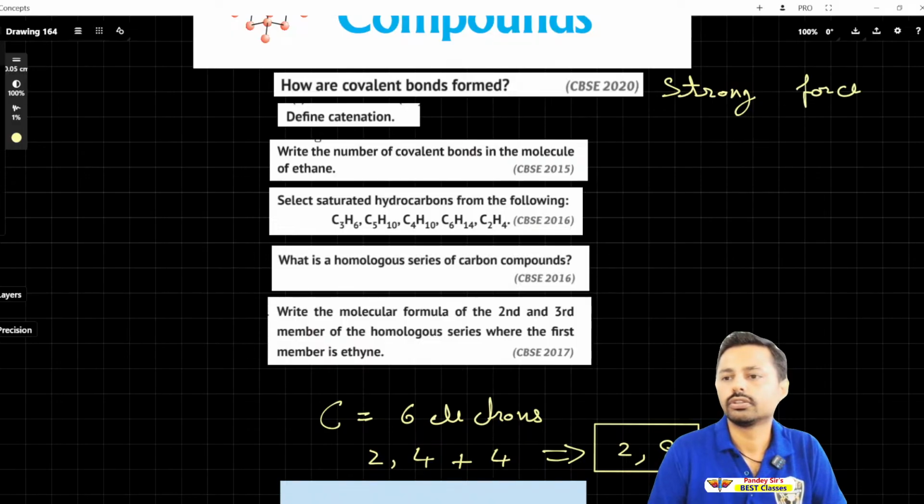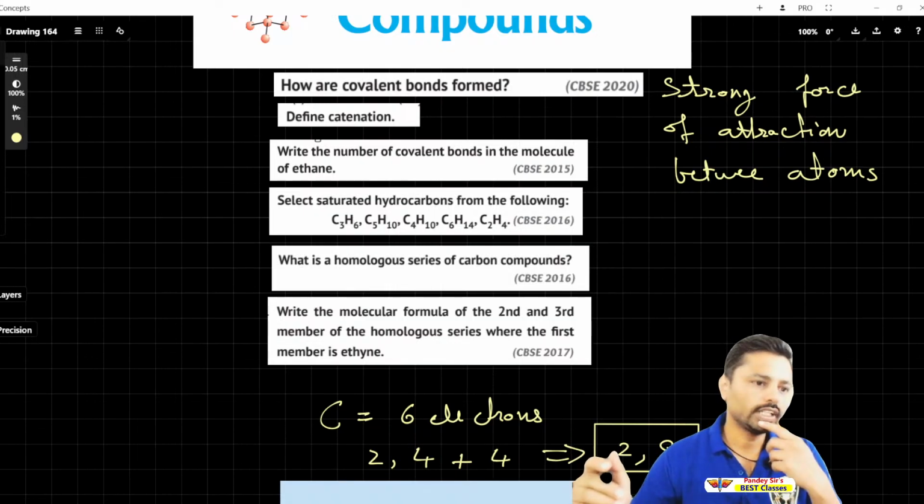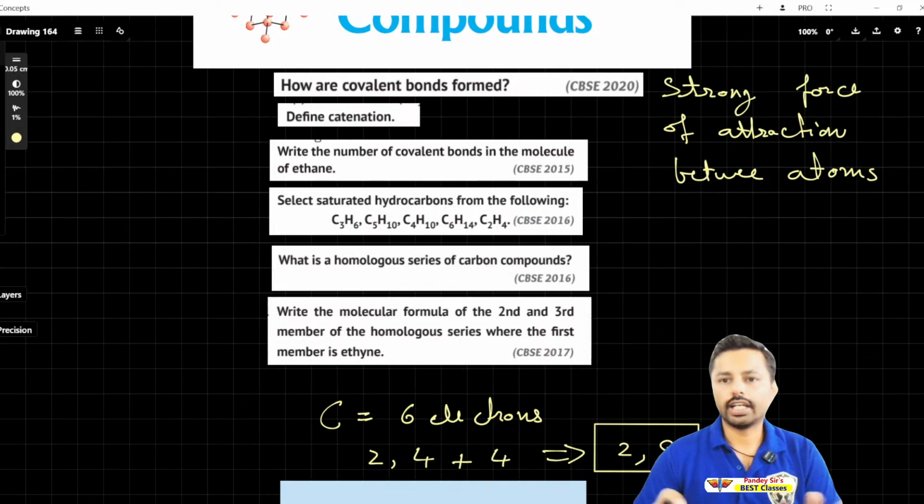Force of attraction between atoms, not the molecules. Now, what are atoms and what are molecules? Let's call an atom a member of a football team.